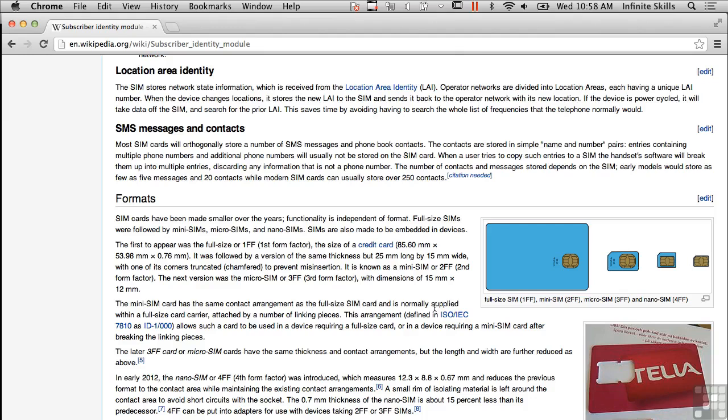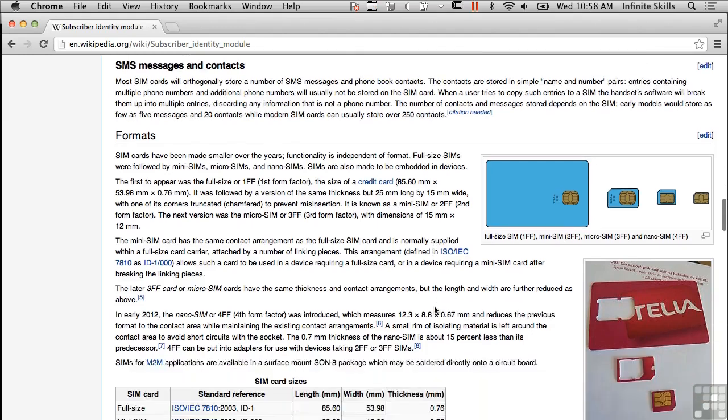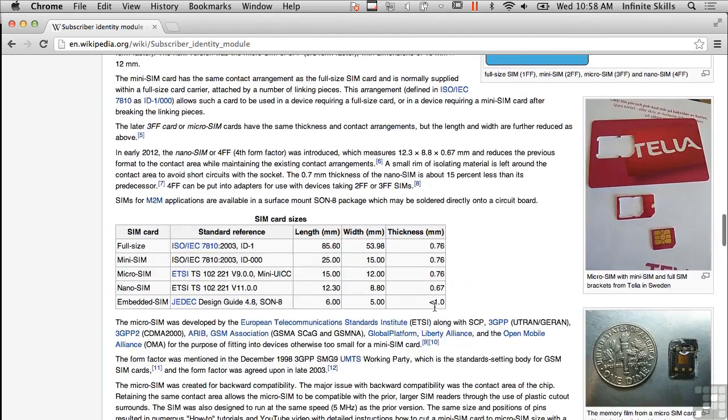So you can get different form factors for these SIM cards, but their function is the same regardless of their form factor. They have to do with identifying who the owner or what phone number actually belongs to that SIM card, and therefore that's the identity that the phone is going to pick up. So the identity of the phone is actually stored on the SIM card.